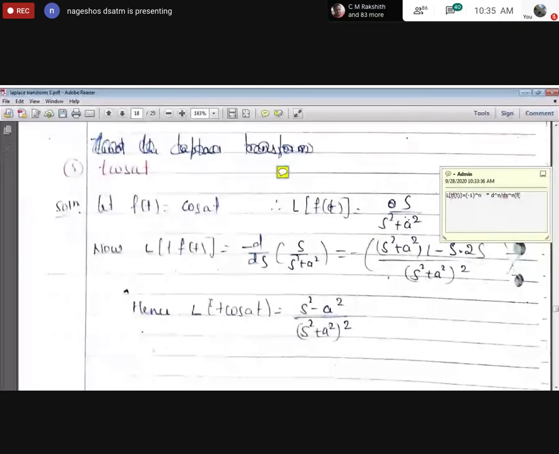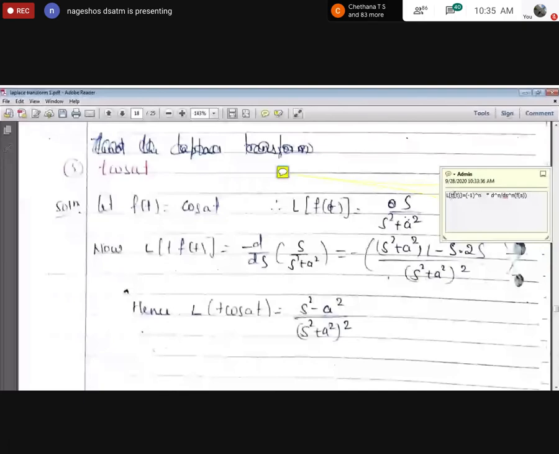I can't write f bar here. So this is the formula: d power n by ds power n of f bar of s. Okay, use that formula.